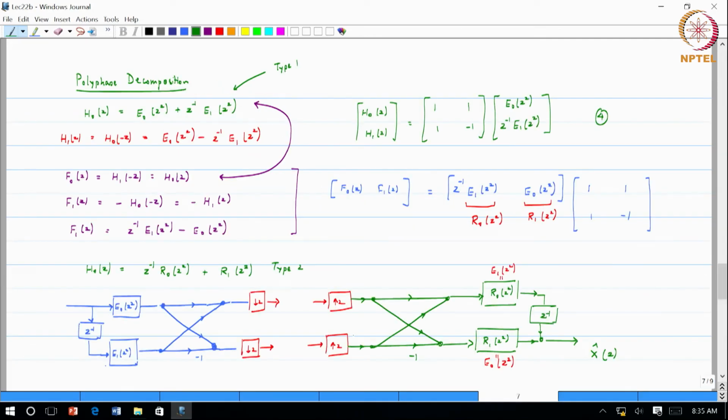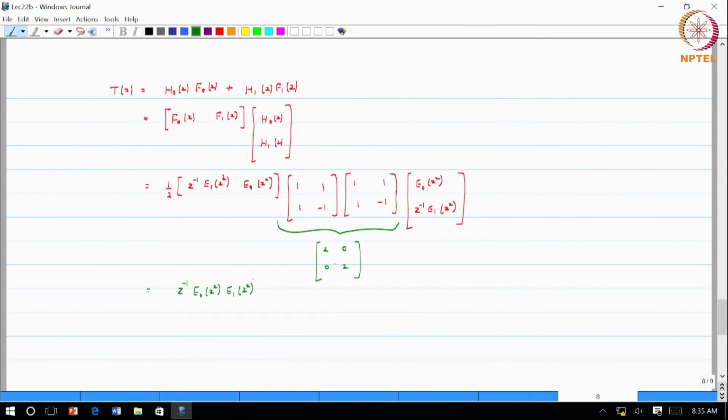Once you move the multirate blocks, the upsamplers and downsamplers, the two matrices will cancel, and then upper transfer function and lower transfer function come out to be the same, and this is equal to T of Z. So, T of Z comes out to be the product of the two polyphase components. Given H0, you can get E0 and E1.